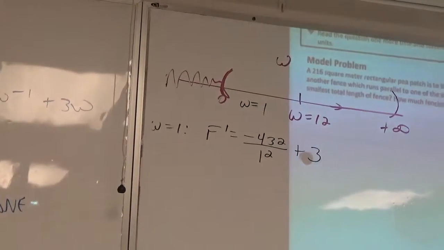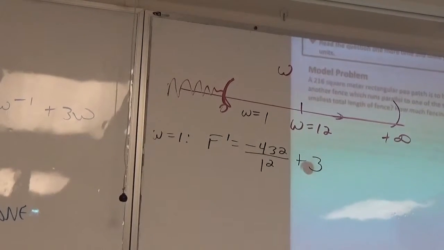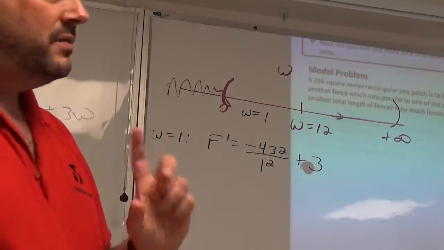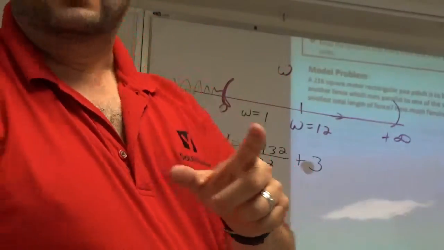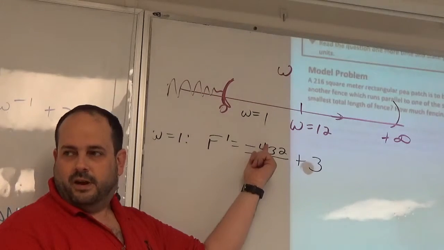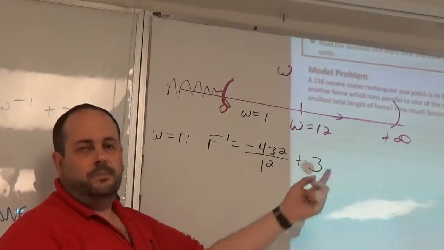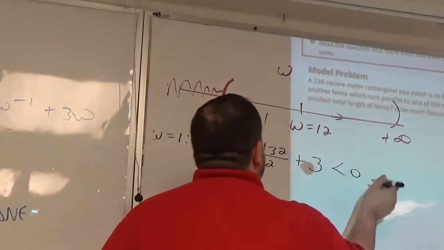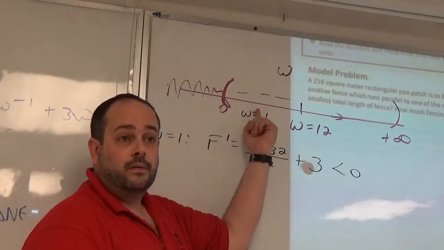The only thing I care about, take a couple seconds and think about this, is that value positive or negative? This has to be negative. 1 squared is 1, negative 432 over 1 is negative 432 plus 3 is negative. So I've got negative values for my derivative over here.